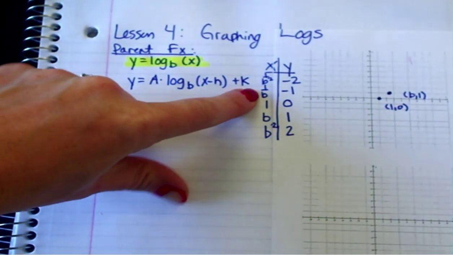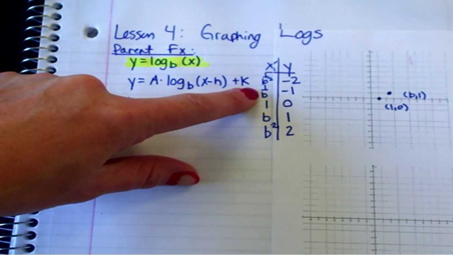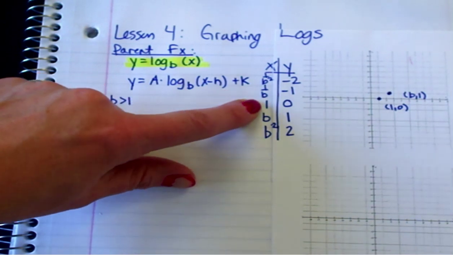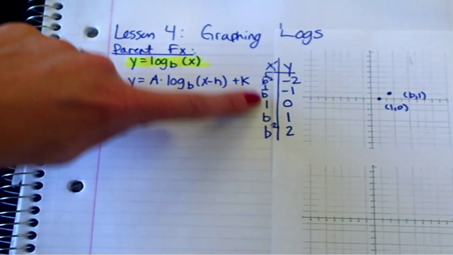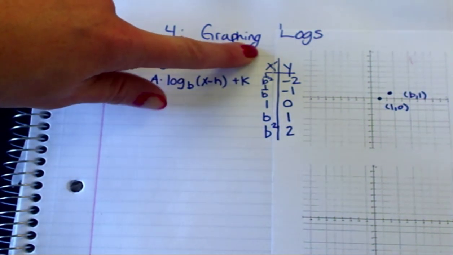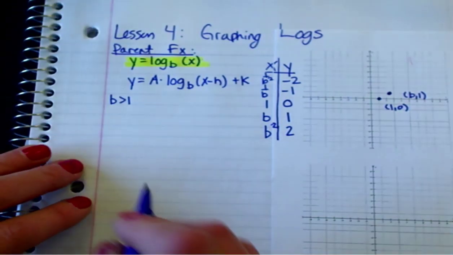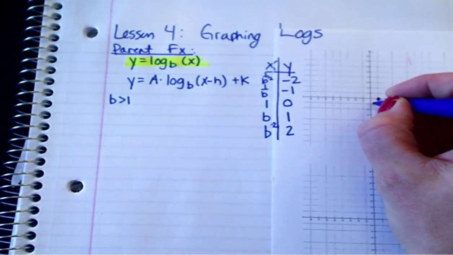Okay. What integer is 1 over b? What two integers is 1 over b between? Well, it's less than 1. More than 0? Yeah? Okay. Let's put it here.